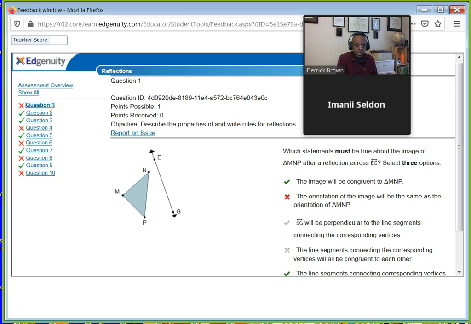EG is going to be perpendicular to the line segments that connect P to P prime, N to N prime, and M to M prime.